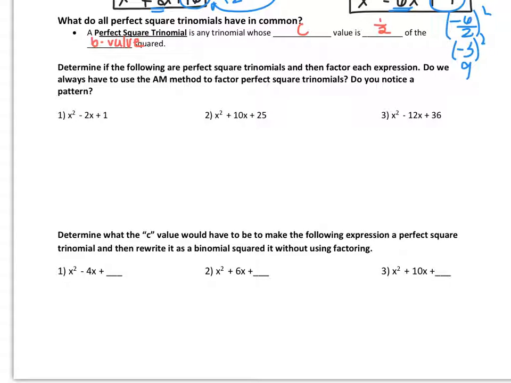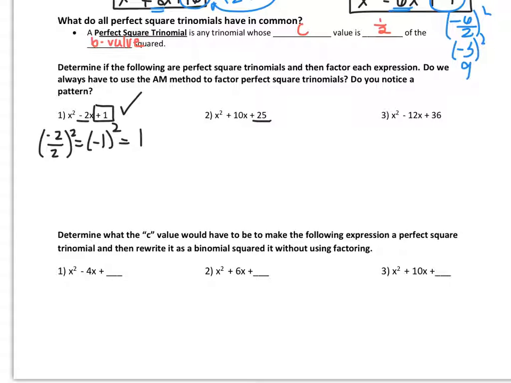Well, let's see. Half of B, so B is negative 2, so negative 2 divided by 2, squared. Well, negative 2 divided by 2 is negative 1. Negative 1 squared is 1. That's the C value, so yes. And let's look at the second example.